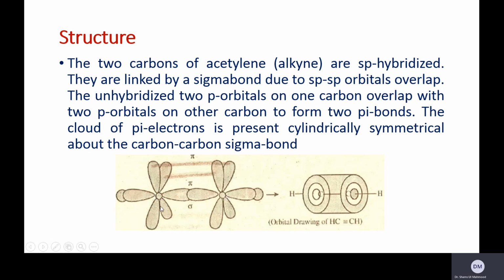Each carbon atom contains 2 unhybridized p orbitals, which overlap with each other in a parallel fashion and make the 2 pi bonds. So the cloud of pi electrons is present cylindrically symmetrical about the carbon-carbon sigma bond, because py and py overlap, pz and pz overlap. It means they make an electron cloud surrounding this sigma bond, which makes it more stable.